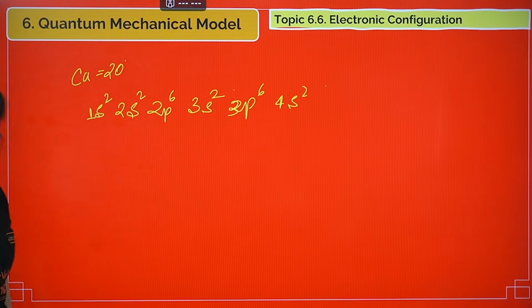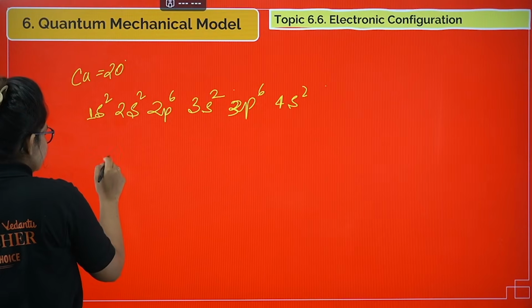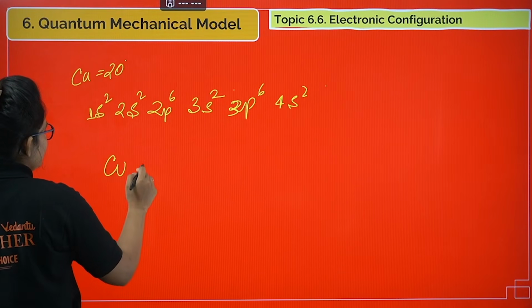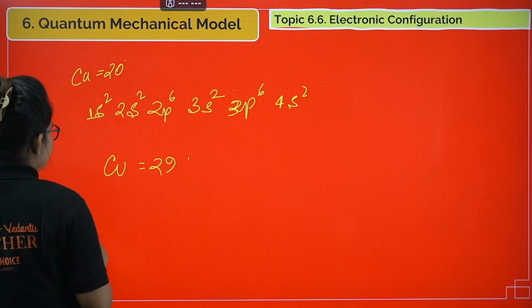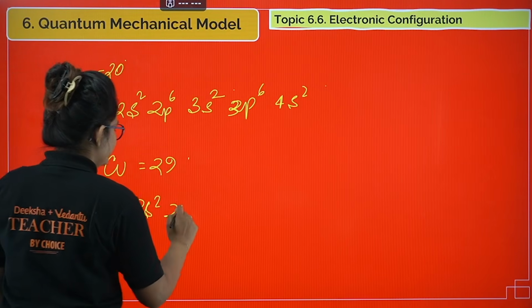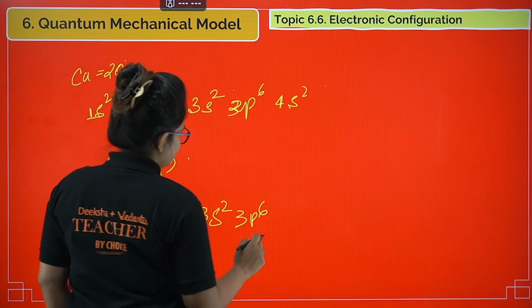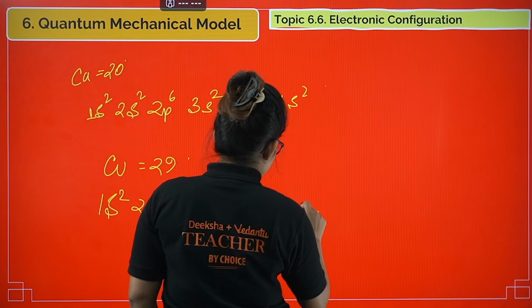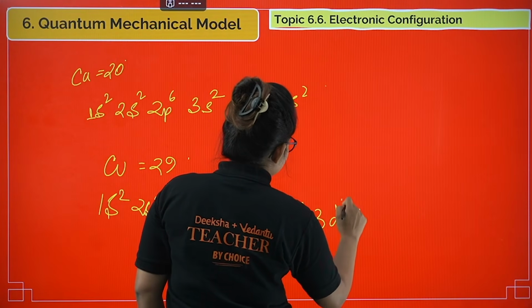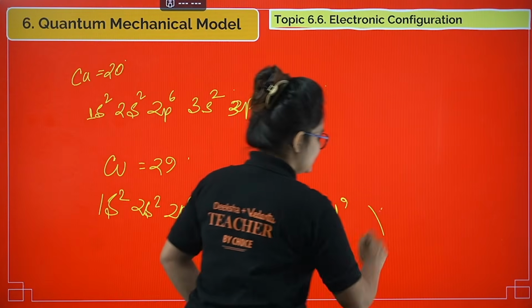That's it. This is calcium 20. Let me give you another example: copper, which is 29. If I write it out: 1s2, 2s2, 2p6, 3s2, 3p6, 4s2, 3d9. But this is not the correct configuration.